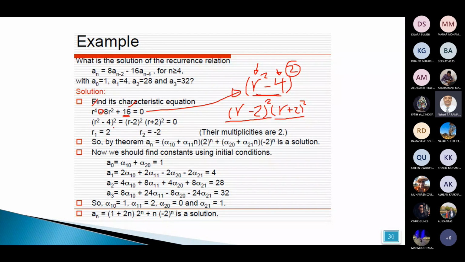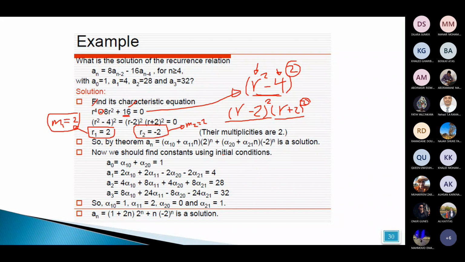This solution, r1 equals 2, has multiplicity 2, so m1 equals 2. The other solution comes from here: r2 equals minus 3 (as written), and this solution also has power 2, so it also has multiplicity m2 equals 2. So we need to apply theorem number 2.